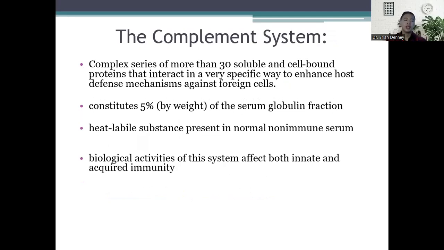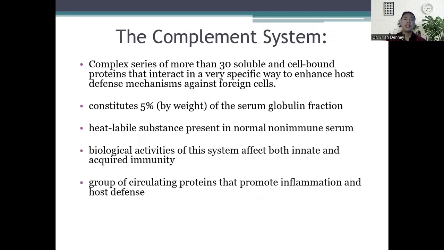So the complement system is actually a series of more than 30 soluble and cell-bound proteins that interact in a very specific way to enhance host defense mechanisms against foreign cells. Now, why was the term complex series of more than 30 soluble proteins used here?